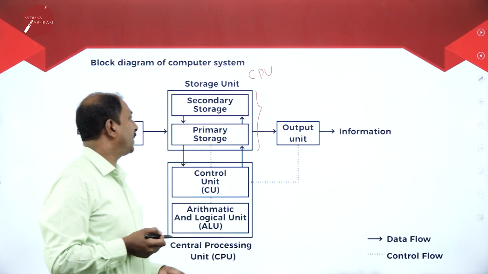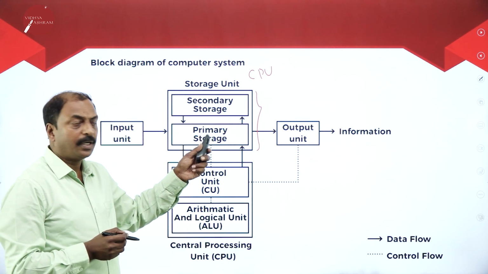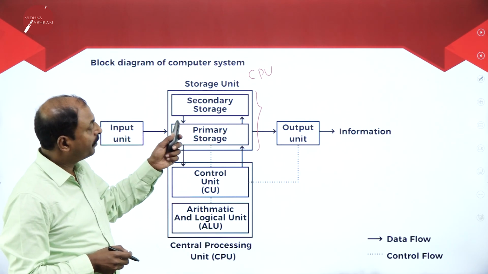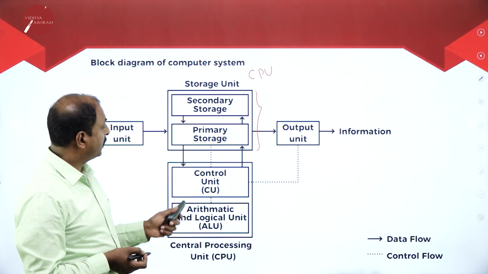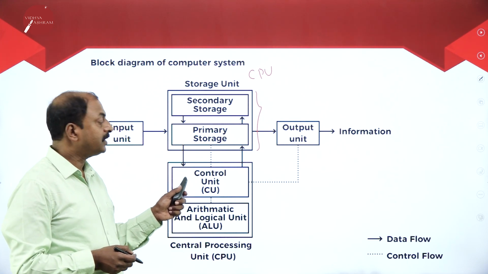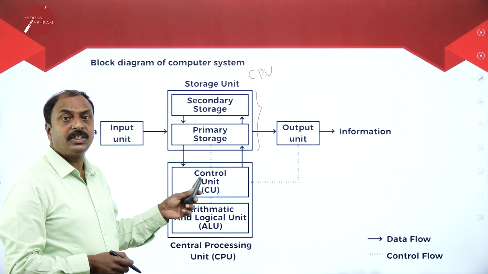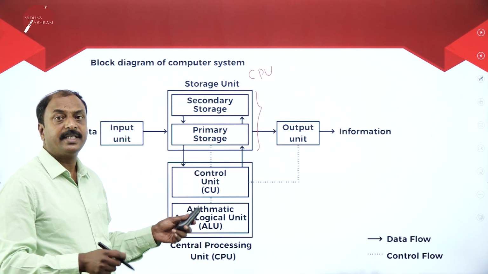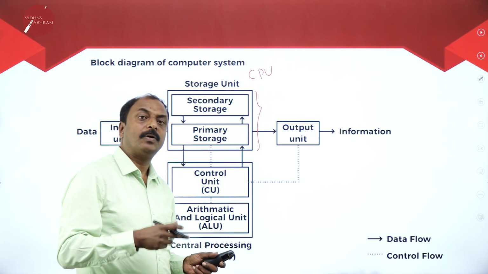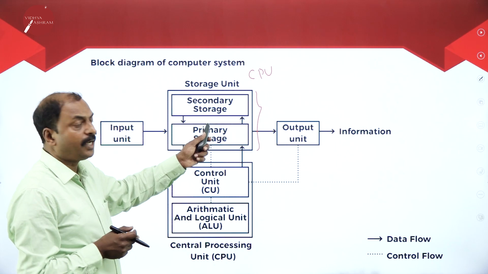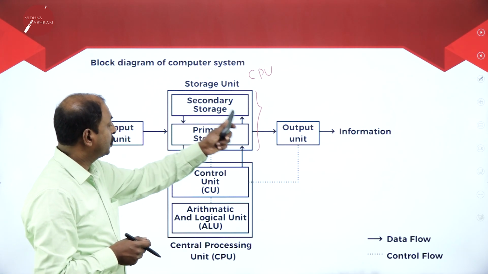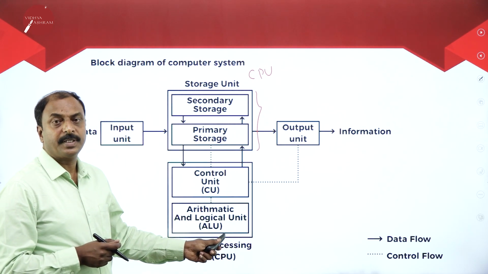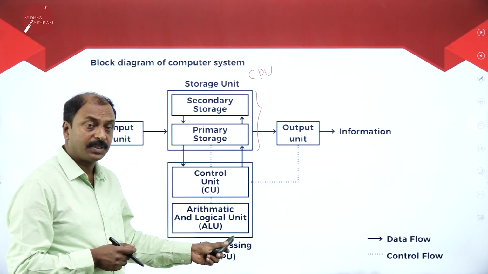Then the control unit sends information in the form of a signal to the memory to transfer the data to the ALU, that is the arithmetic and logic unit, for processing.